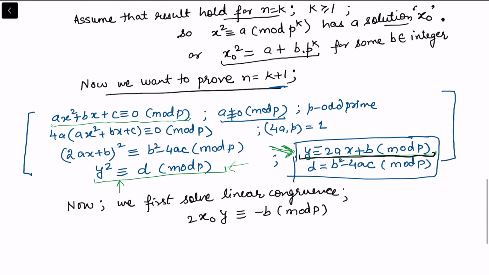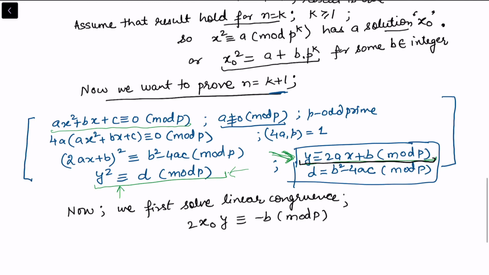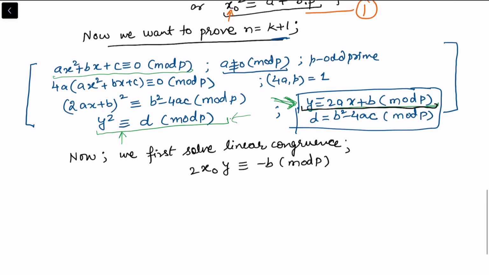We have already obtained a solution x naught here, and let me call this equation number 1. I am going to use the same solution and substitute it here and construct a linear congruence something like this: 2 times x naught times y, with y in place of a, is congruent to minus b.